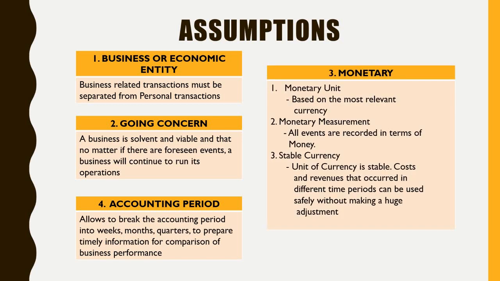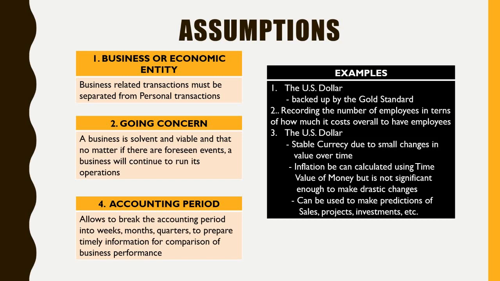And then number 3 is going to be stable currency, where a unit of currency is stable and does not take inflation into consideration. Now, with that being said, we know that the United States dollar is pretty stable. We know that the drastic value of a dollar does not actually change that much over the span of the years.